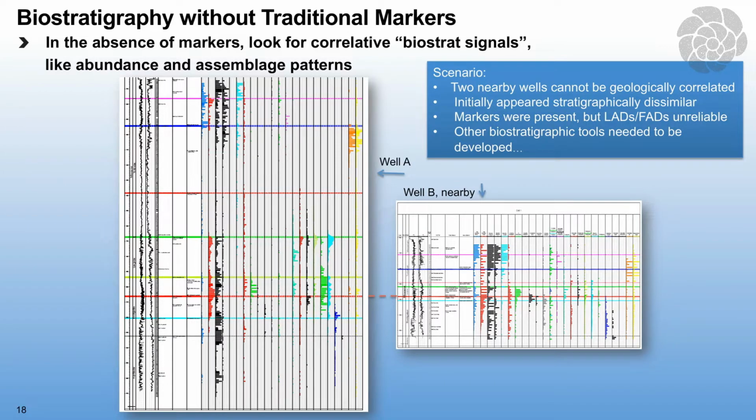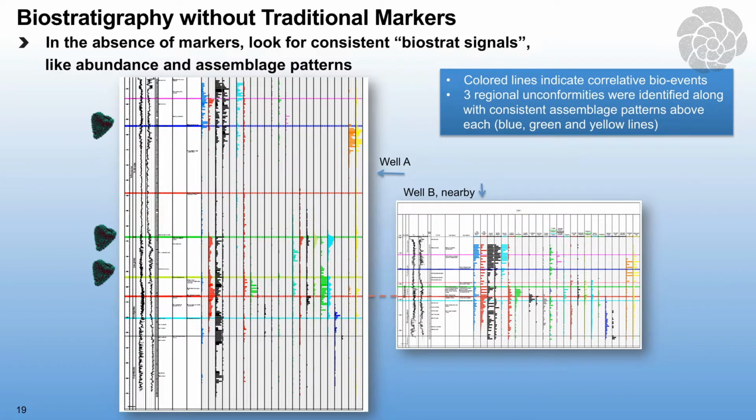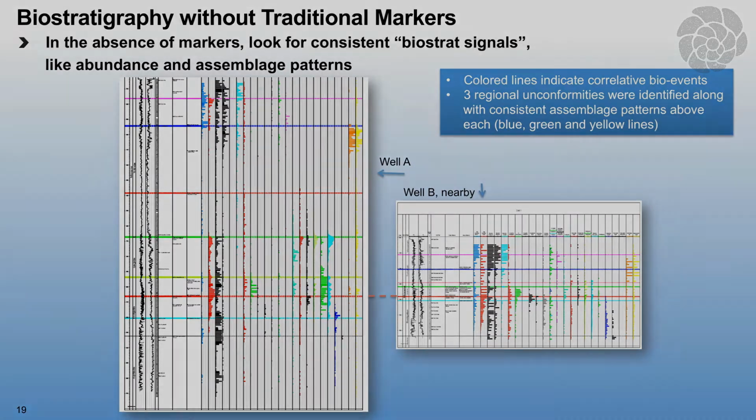These colored lines across each chart indicate correlative biological events. He identified at least three major regional unconformities: the blue line here, this green line, and this yellowish line. He identified that these were correlative unconformities between wells because the assemblage patterns above each of them were similar.